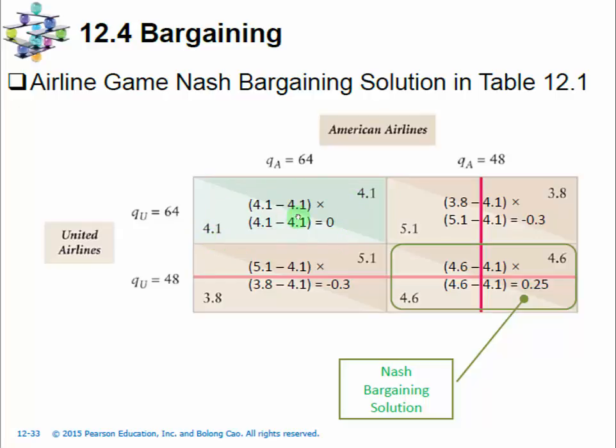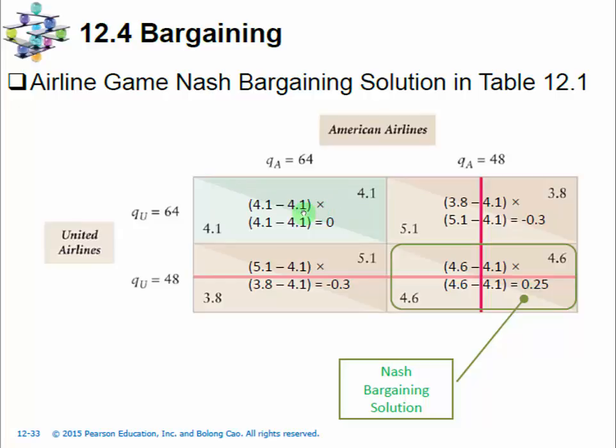But if they start to bargain, it is possible they can make it to a better outcome. Because the Nash equilibrium is the default non-cooperative outcome, we use 4.1 as the disagreement point, or say the threat point. And if they can achieve different outcomes through bargaining, then their payoffs will be different from 4.1.